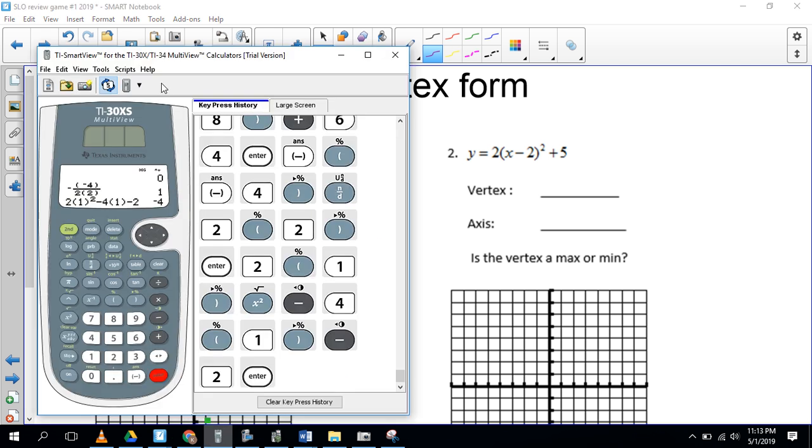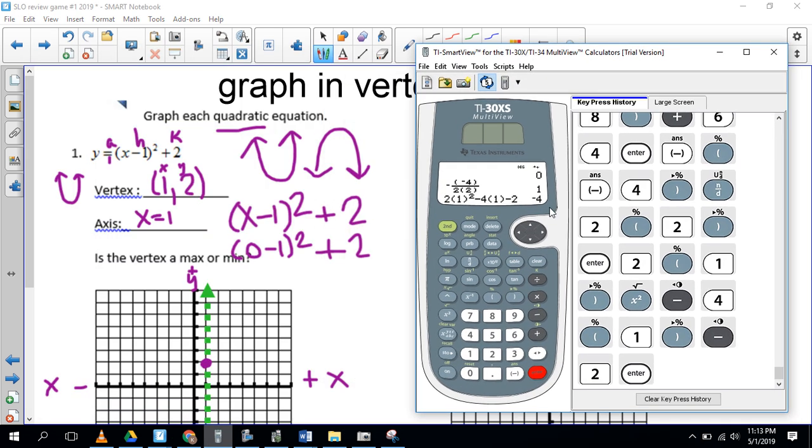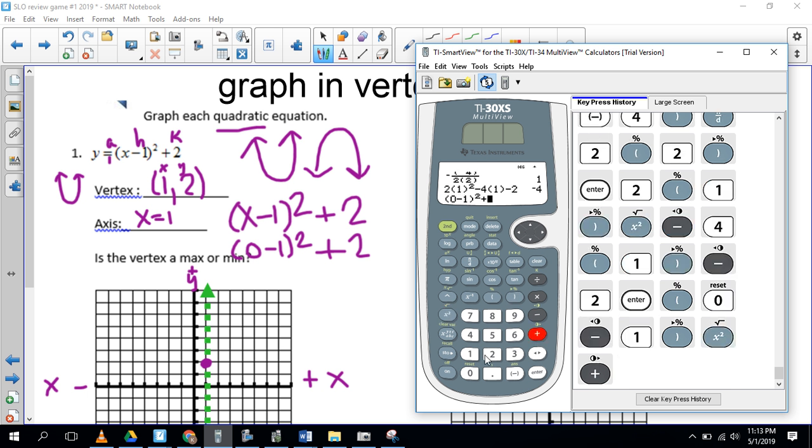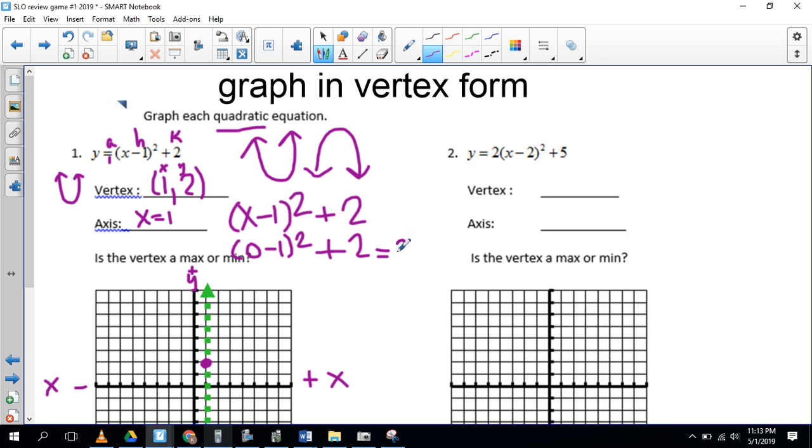Let me get my calculator pulled up. So we basically have parentheses 0 minus 1 squared plus 2. And we get 3. So basically it's telling me that y is 3, because basically this says y equals 3.